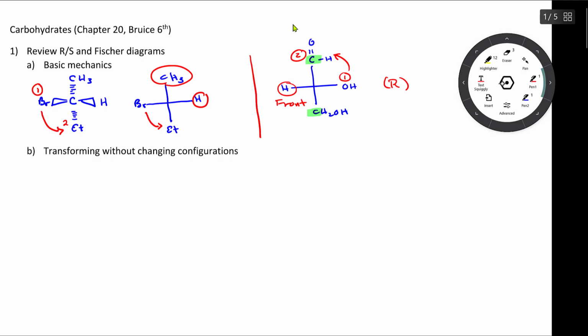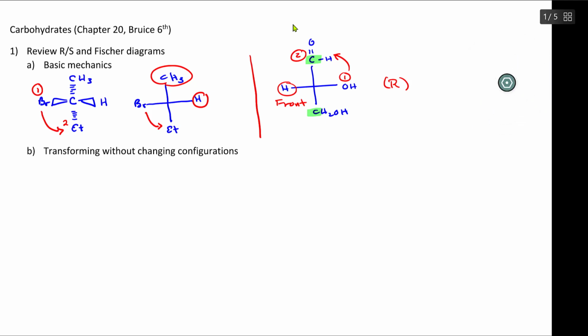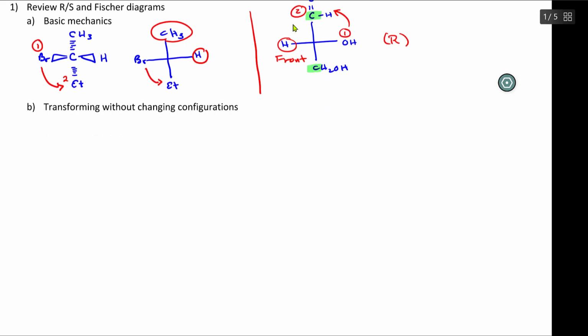So the next thing that you have to be good at is being able to rotate Fischer diagrams and not screw up the configurations. So for example, let me take this one that we just did up here, and then I'm going to turn it 90 degrees and let's see what happens.